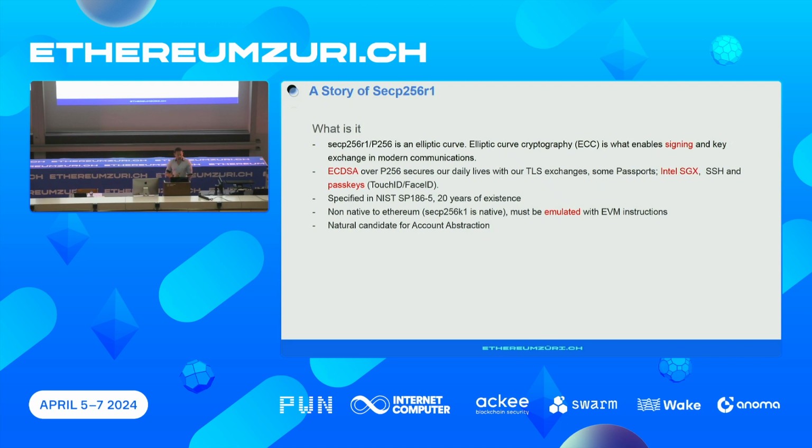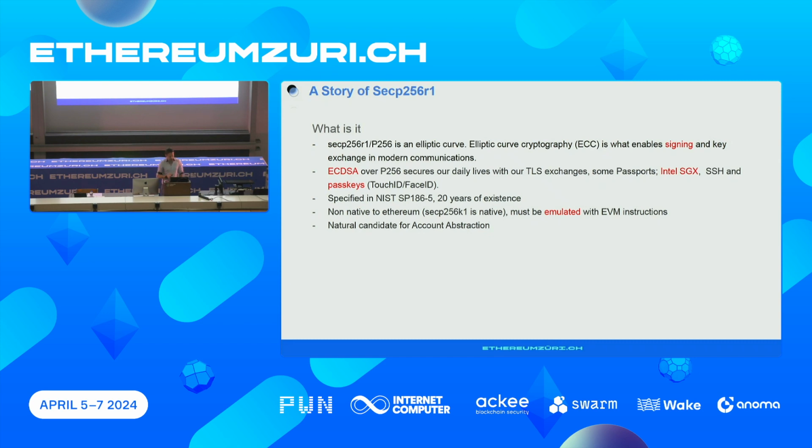Okay, so briefly, secp256r1 is non-native to Ethereum, but it's the most widely used elliptic curve for classical cryptography that we have in our daily lives. So when we perform TLS exchanges, some of the passports, for instance, Dutch passports use this curve, Intel Enclave, SSH, and Passkeys.